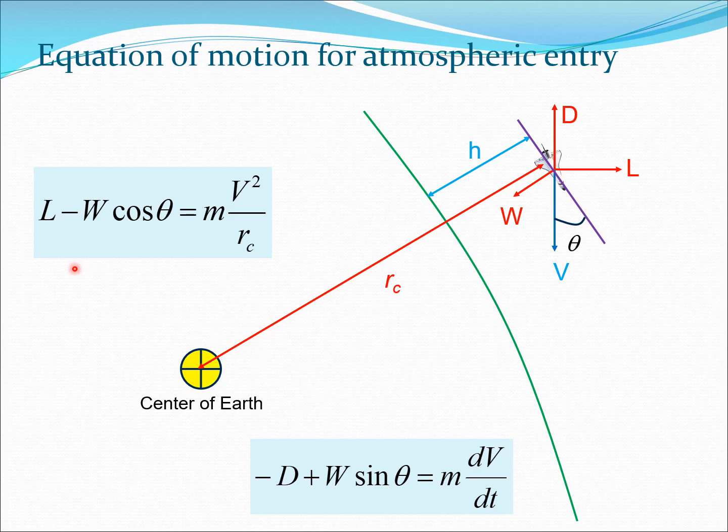One of them is lift minus weight cos theta, which is the weight component in this direction, equal to the force acting toward the earth, and the second equation is minus D plus W sin theta, which is the component of W in the direction of v, equal to m dv by dt. These come essentially from Newton's laws of motion. We are going to work with this second equation in developing the various equations today.